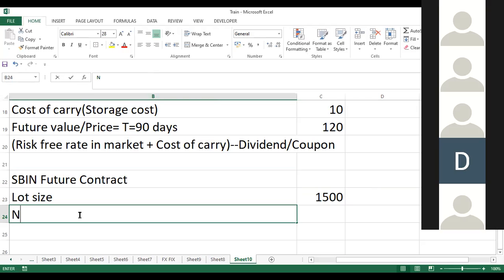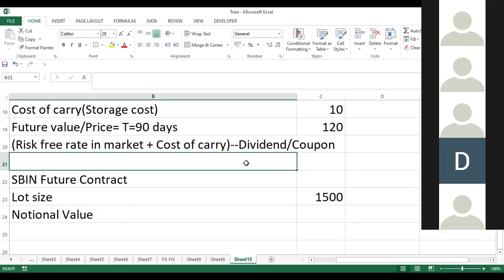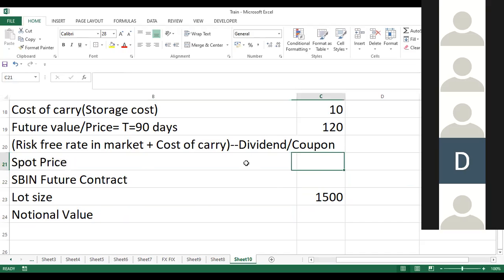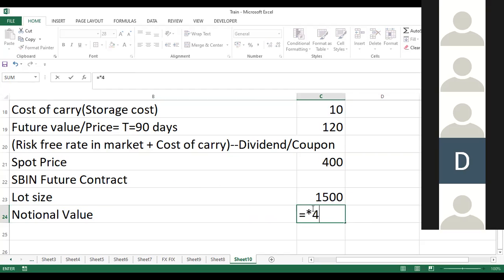If you look at the notional value of the contract, assuming the spot price is 400, the notional value is 400 times 1500, so this is 6 lakh rupees for one contract.